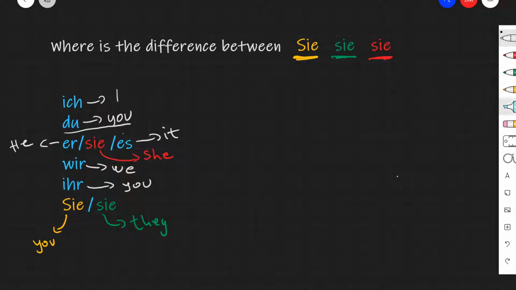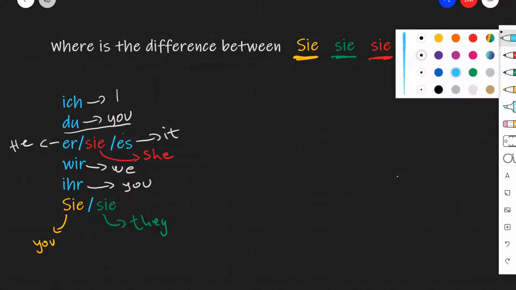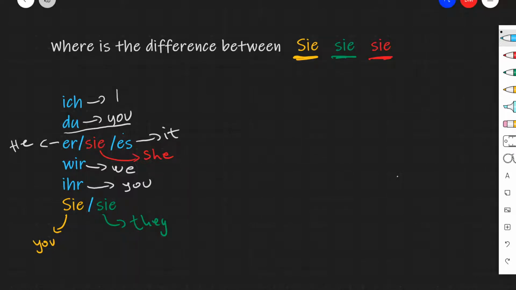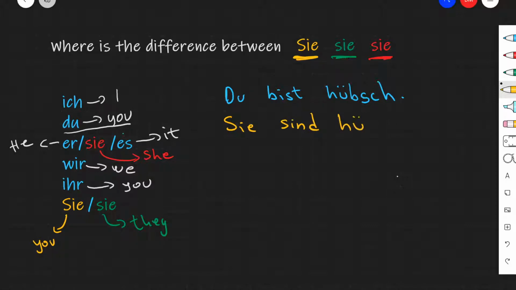Let's write a few lines. Du bist hübsch. And Sie sind hübsch.